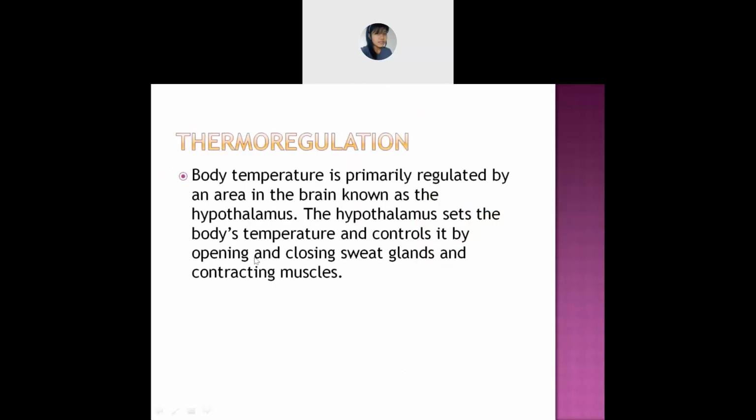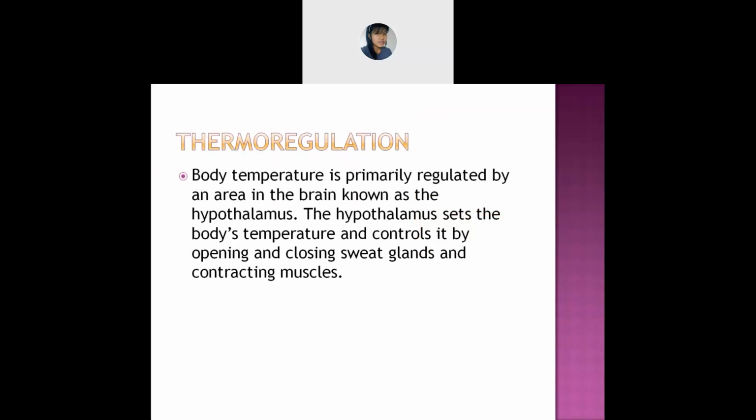Okay, next is thermoregulation. The skin is also responsible for controlling your body temperature. I hope you remember the hypothalamus, which you even covered in the endocrine glands. The hypothalamus helps the skin control your body temperature.